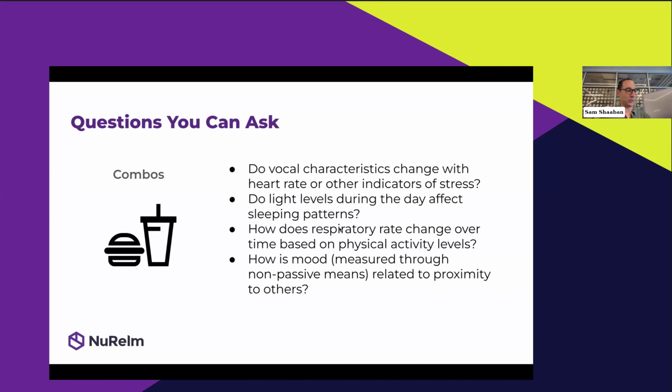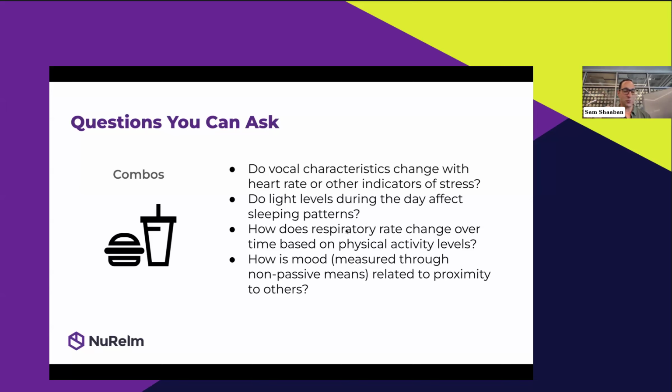And finally, this is sort of a combo category of the last three, but I think this is really the most interesting place where you can really ask questions like, for example, does somebody's voice change with their heart rate or other stress indicators? We can measure ambient light and we can measure sleep. Then we can make an interesting comparison of light levels during the day and sleeping patterns at night.